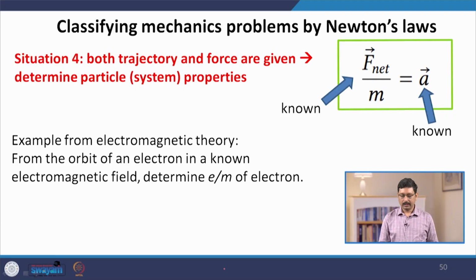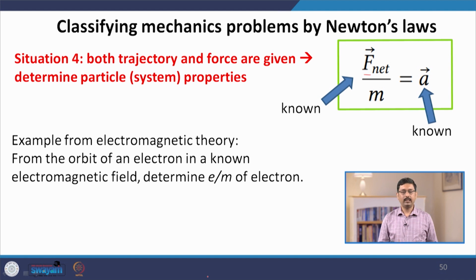The fourth situation is probably the least common, but for the sake of completeness I mention this. This is a situation in which both the trajectory, that is the position, velocity and acceleration, as well as the total force are given.